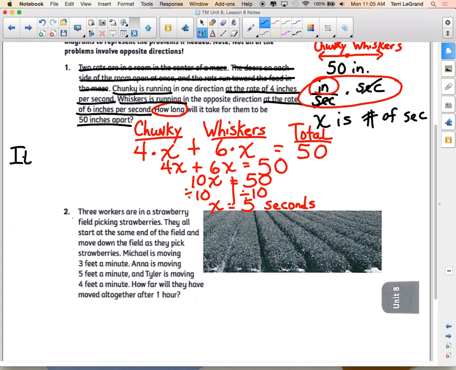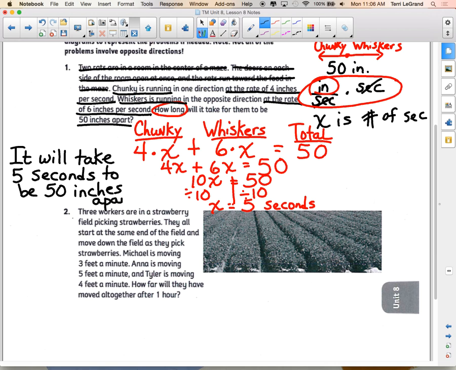It will take 5 seconds to be 50 inches apart. Now notice, we don't know if they found the food yet. All we were answering is how long is it going to take to be 50 inches apart?